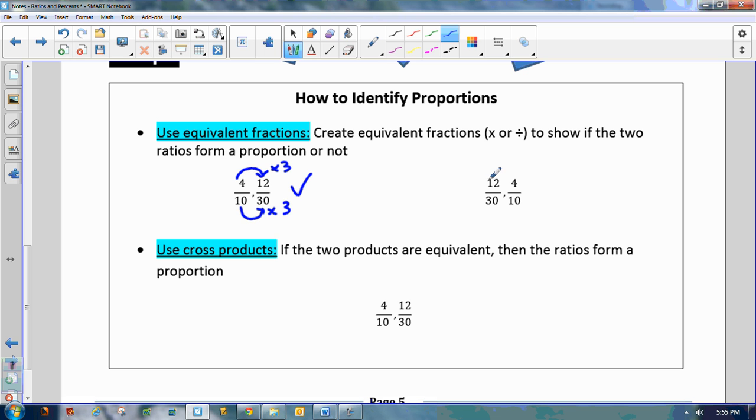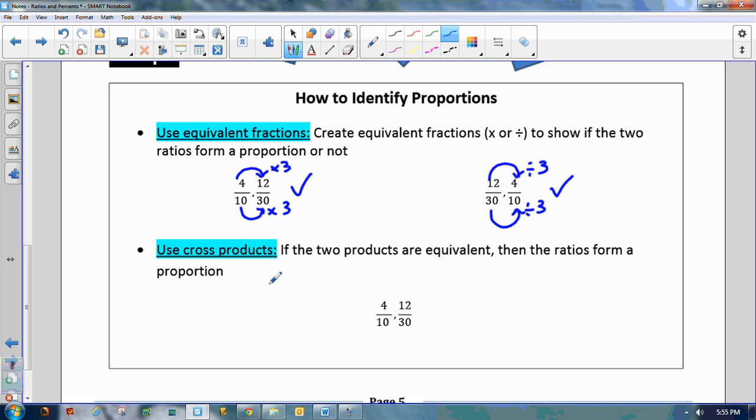Therefore, we're going to use division. So 12 divided by 3 gives us 4. Well, if I take 30 and divide by 3, does that give us 10? Yes, it does. Therefore, 12 to 30, 12/30ths, is equivalent to the ratio 4 to 10, 4/10. Then these two ratios in fraction form are proportional.